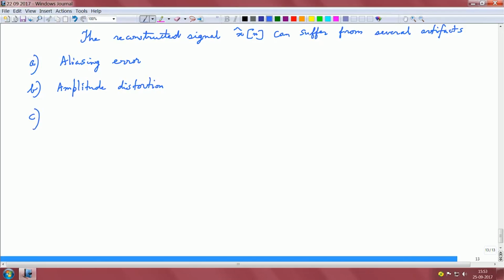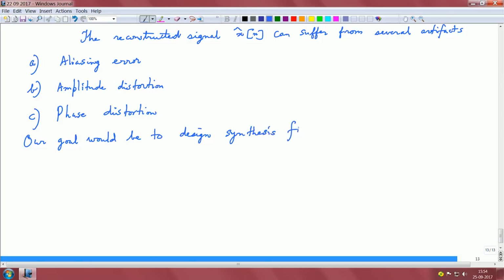And what you can also imagine following amplitude distortion is phase distortion. And our goal would be to design synthesis filters to overcome these limitations.